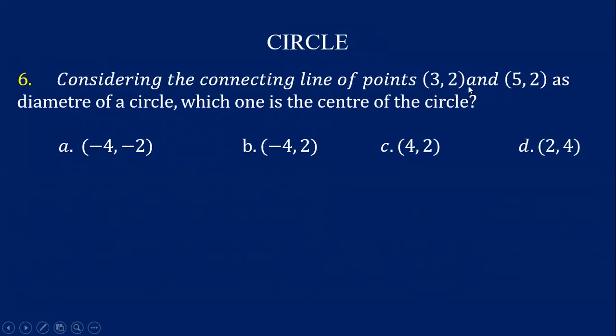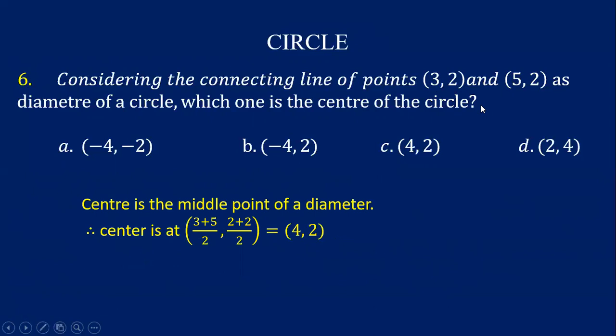So center will be the midpoint of these two. So 3 plus 5 by 2, this is x coordinate of center, and 2 plus 2 by 2, this is y coordinate of the center. So midpoint of this connecting line is the center, as it is diameter and these are end points of a diameter.